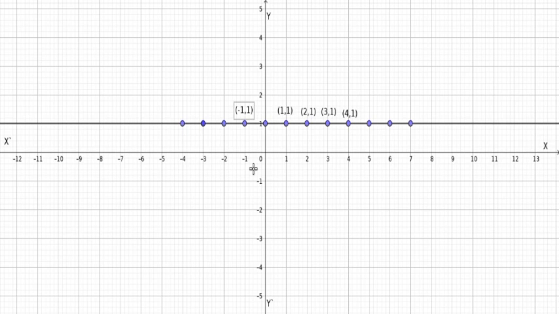Okay, and if we draw a line parallel to the y-axis, what is special about the x coordinates of points on that line? Yes, here I am going to draw a line parallel to the y-axis.